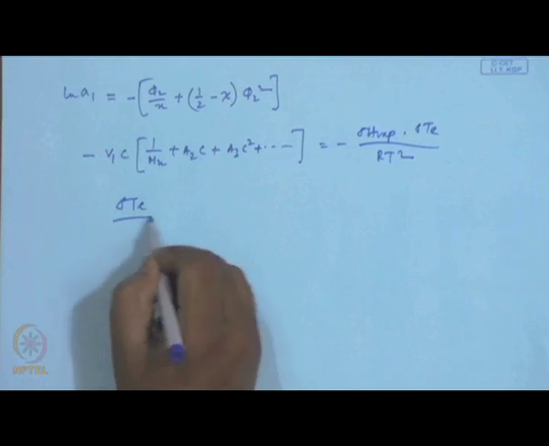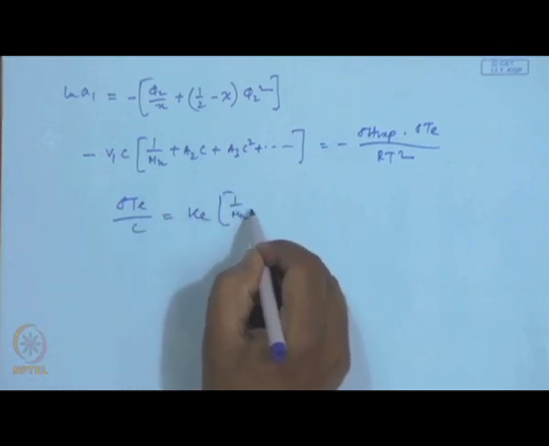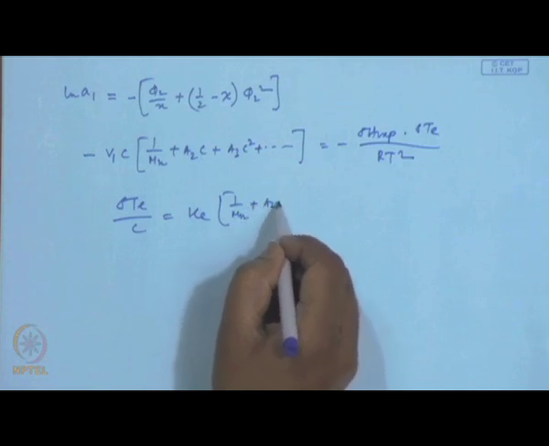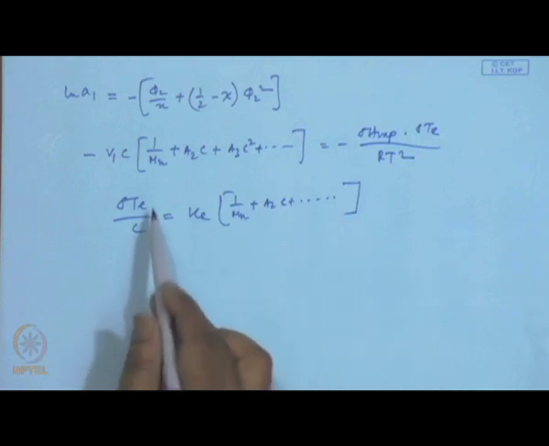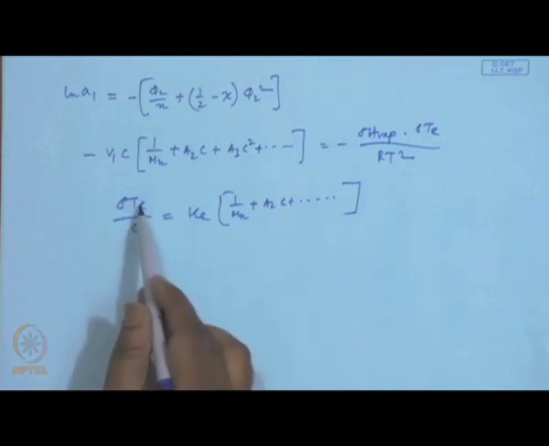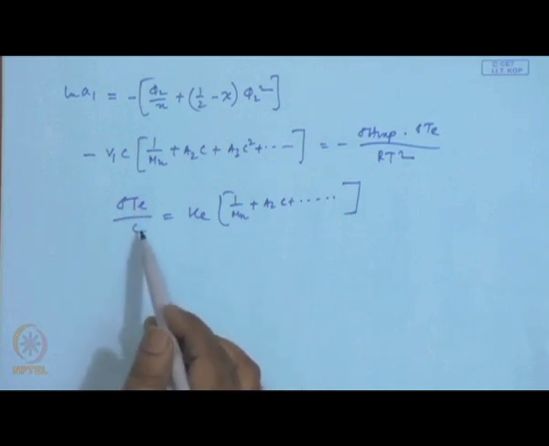So, delta Te by C, K 1 by Mn. Basically, if we can get the delta Te, we can apply a similar experimental procedure like the osmotic pressure measurement.